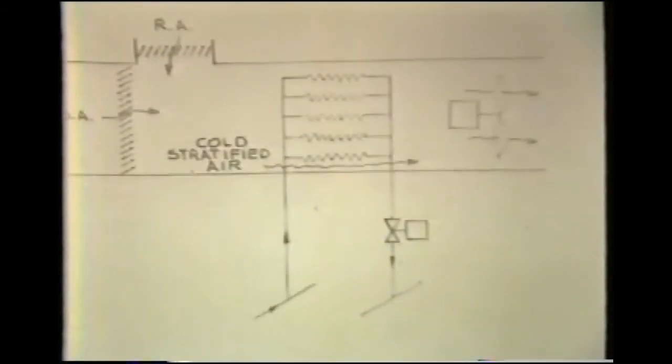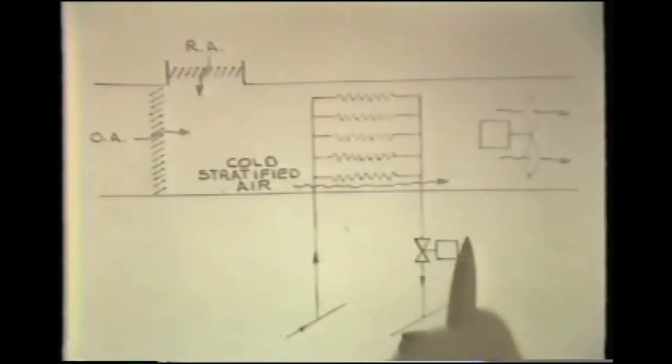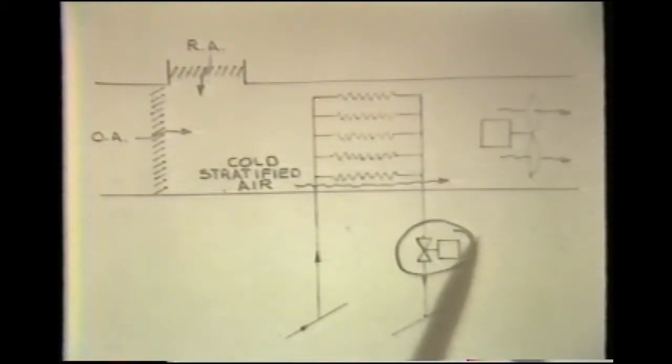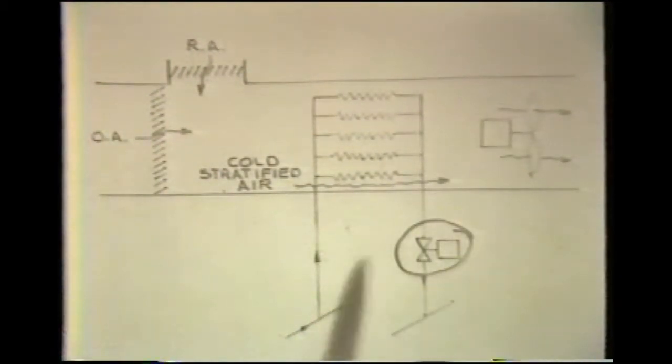A second method for control of coils such as this has been to utilize a two-way control valve connected across the supply and return main and providing for control of air temperature leaving that coil.